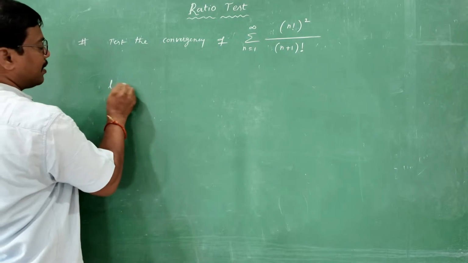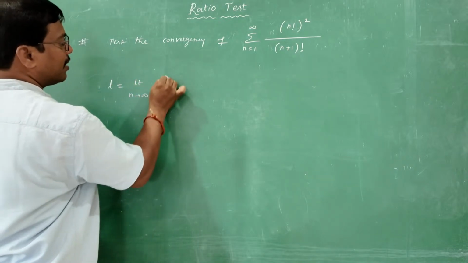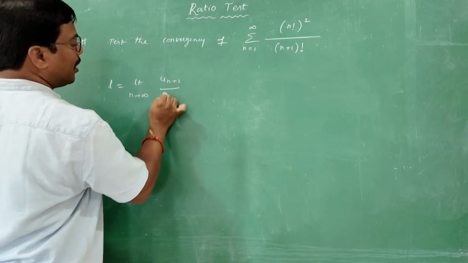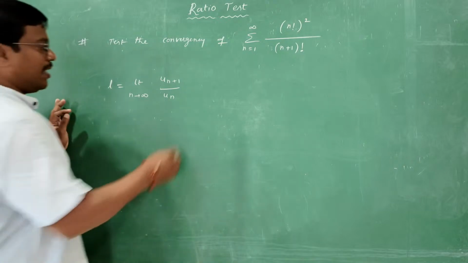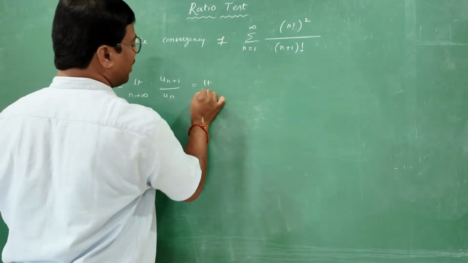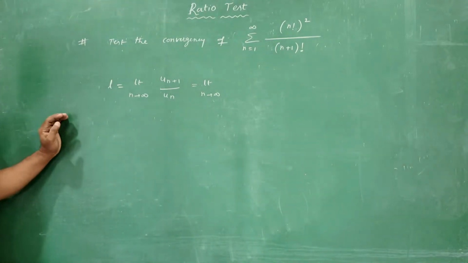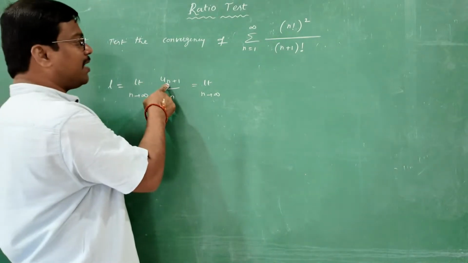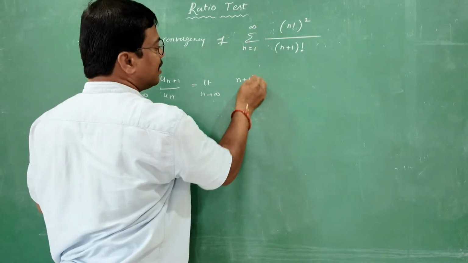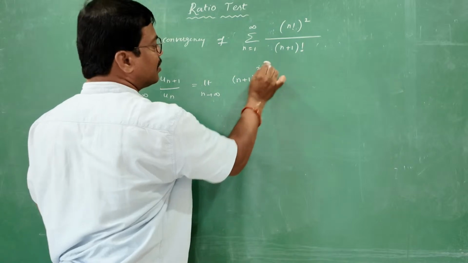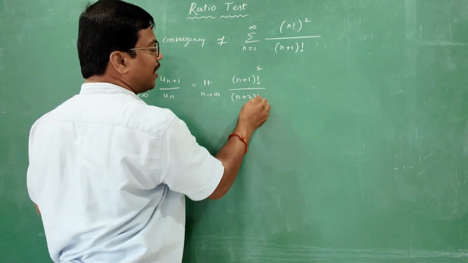Yes. L, that is limit n tends to infinite un plus 1 divided by un by using ratio test. Limit n tends to infinity. What is un plus 1? Wherever n, there you have to write n plus 1 in this. So that it is n plus 1 factorial whole square divided by n plus 2 factorial.